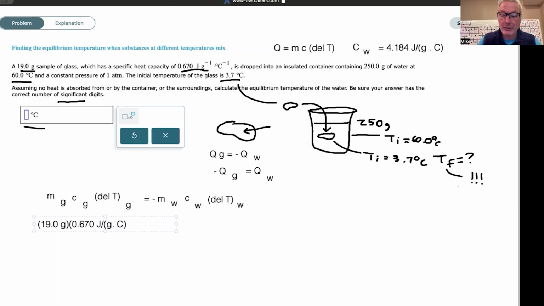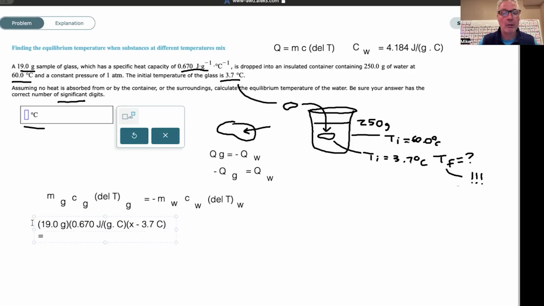All right. Times, this is really important, final minus initial. We don't know final. We're going to call it X. X degree C minus the initial of the glass was 3.7. All right.